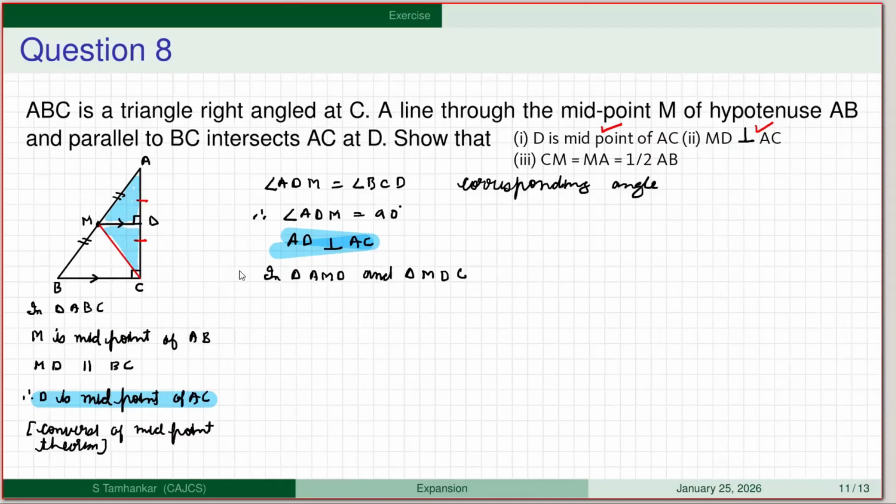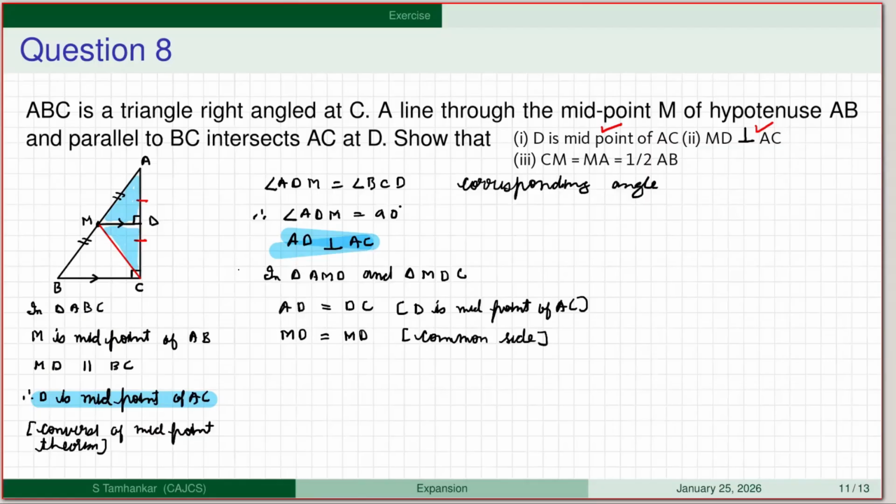So how can we show that these two triangles are congruent? For the first, we have AD equal to DC, because D is the midpoint of AC. Then we have MD equal to MD, that's a common side.